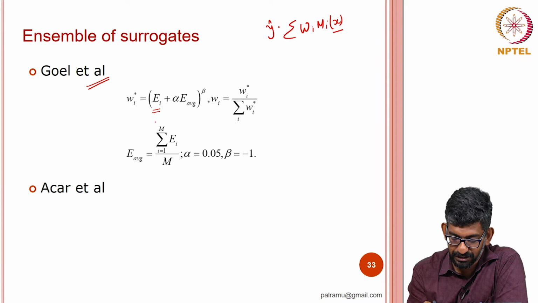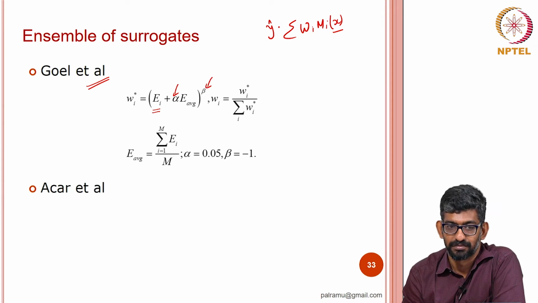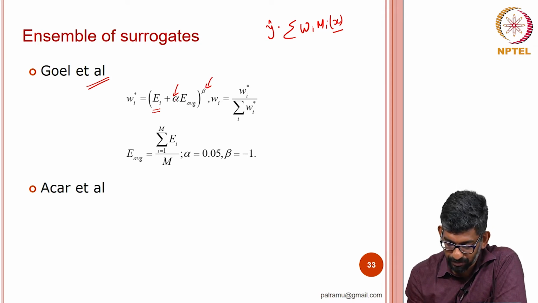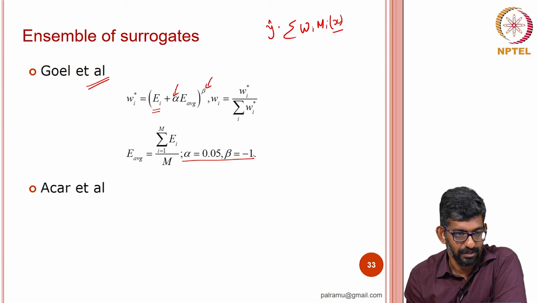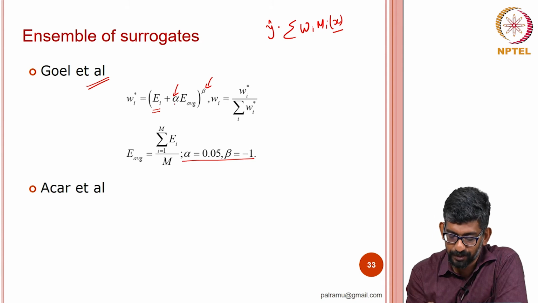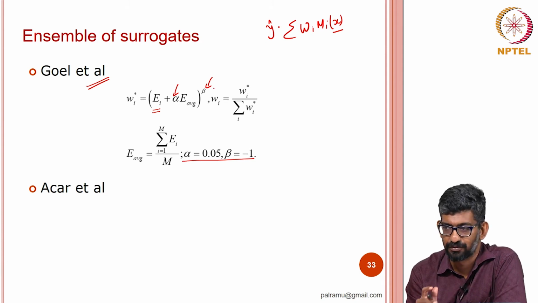The formulation here is interesting, with this alpha and beta. Initially the author performed some study and proposed alpha equals 0.05 and beta equal to negative, but later people even optimized these alpha and beta. So, let us not worry about it.